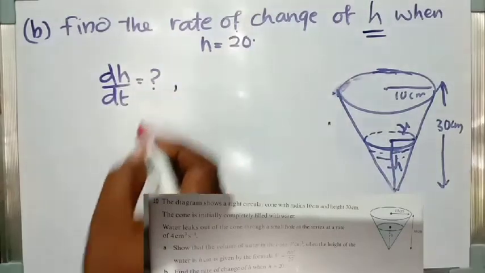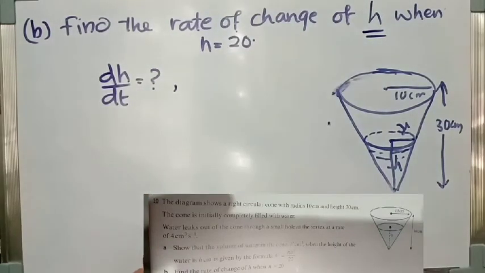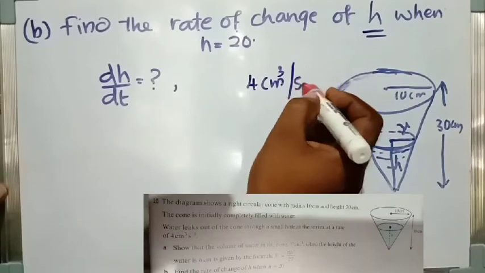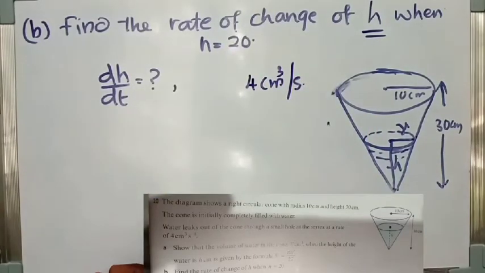And in the question it is mentioned that water leaks out of the cone through a small hole at the vertex at a rate of 4 centimeter cube per second.